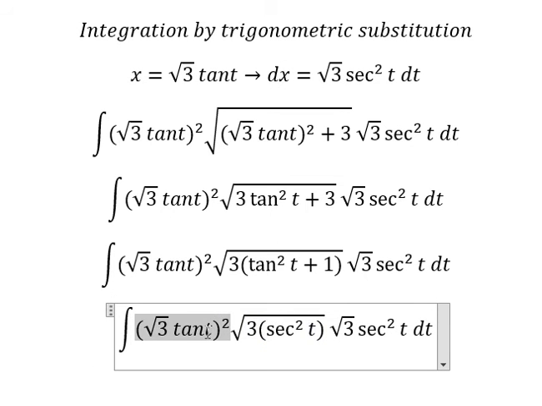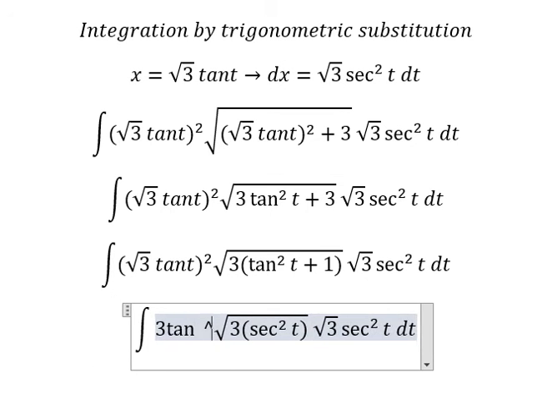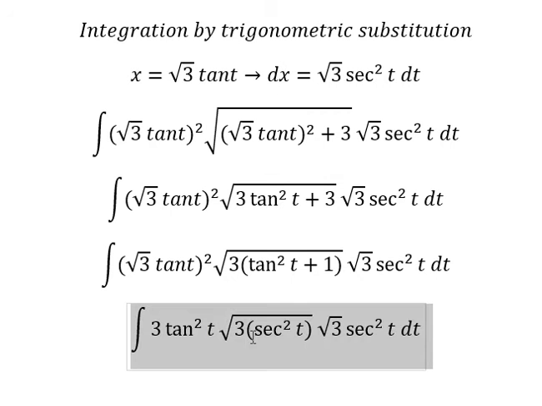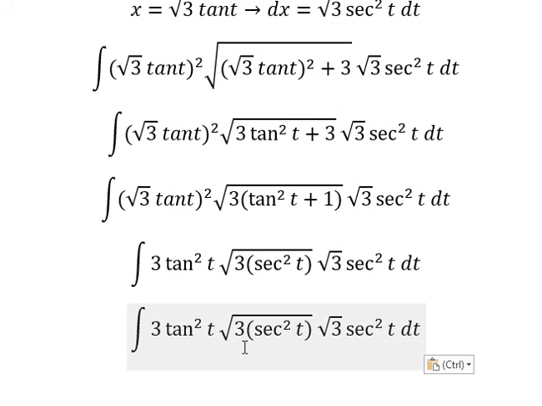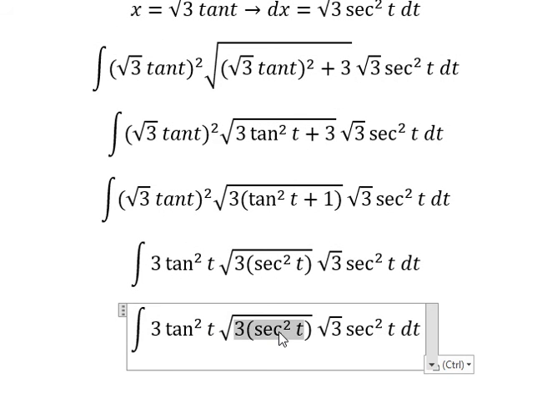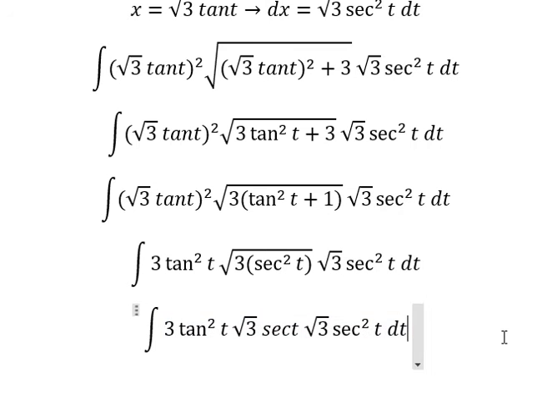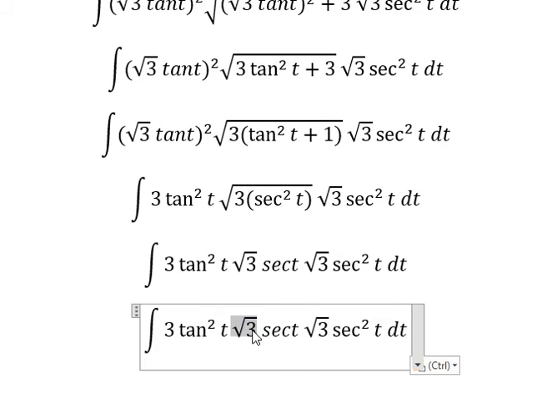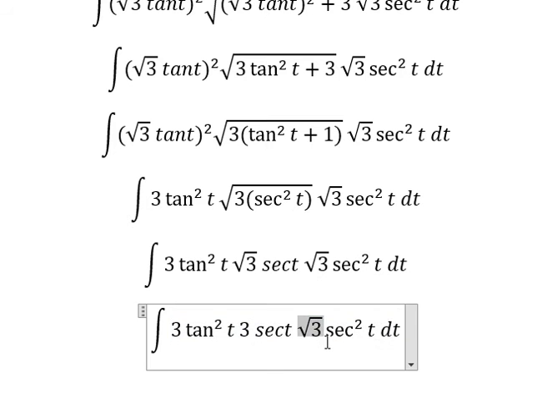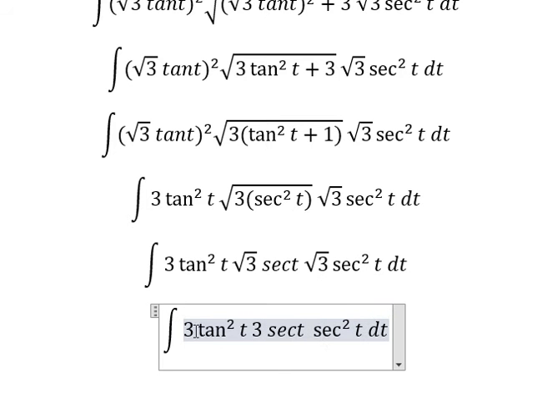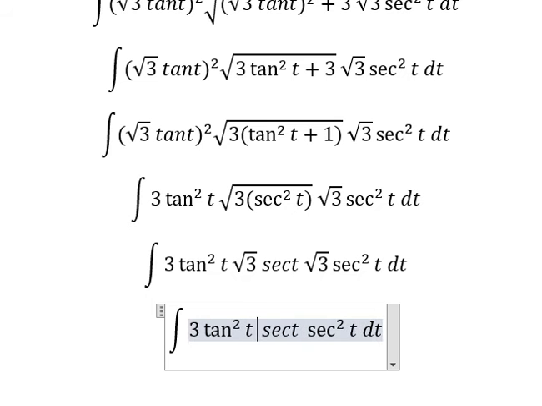We have the power 2, you get 3 tan t squared. So the square root of this one, you will get the square root of 3 secant of t. So we have square root of 3 and square root of 3, so you will get 3. 3 and 3 we multiply together, and you get 9.